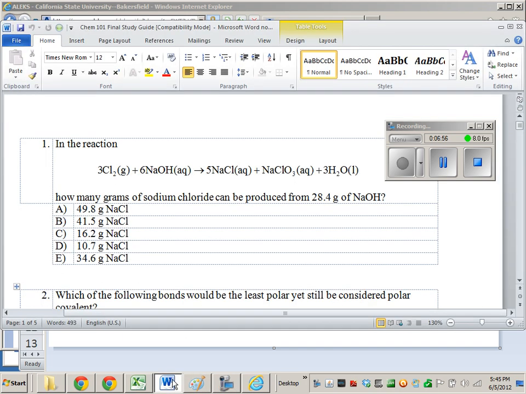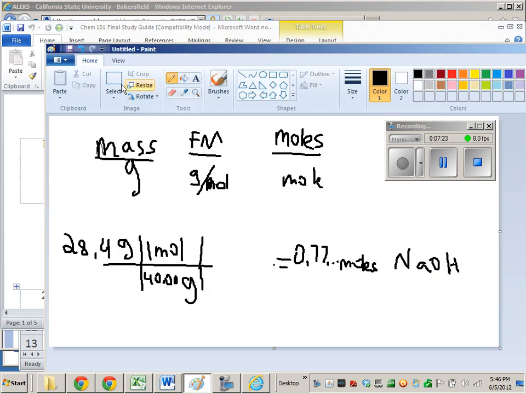If we go back to our balanced chemical equation, you can see that for every 6 moles of NaOH, we produce 5 moles of NaCl. So what we can do is multiply the moles of NaOH that we just calculated by 5 NaCl over 6 NaOH.